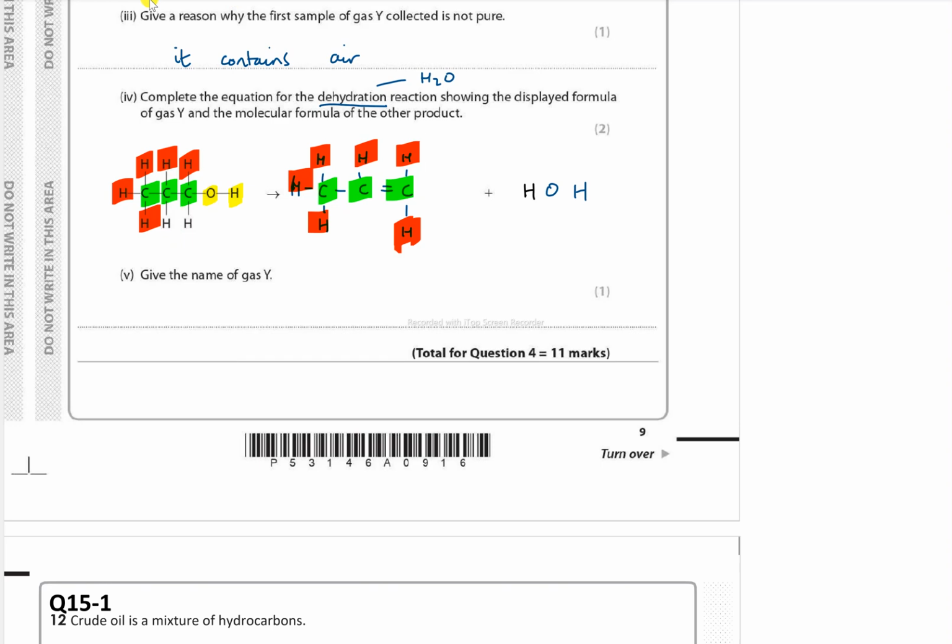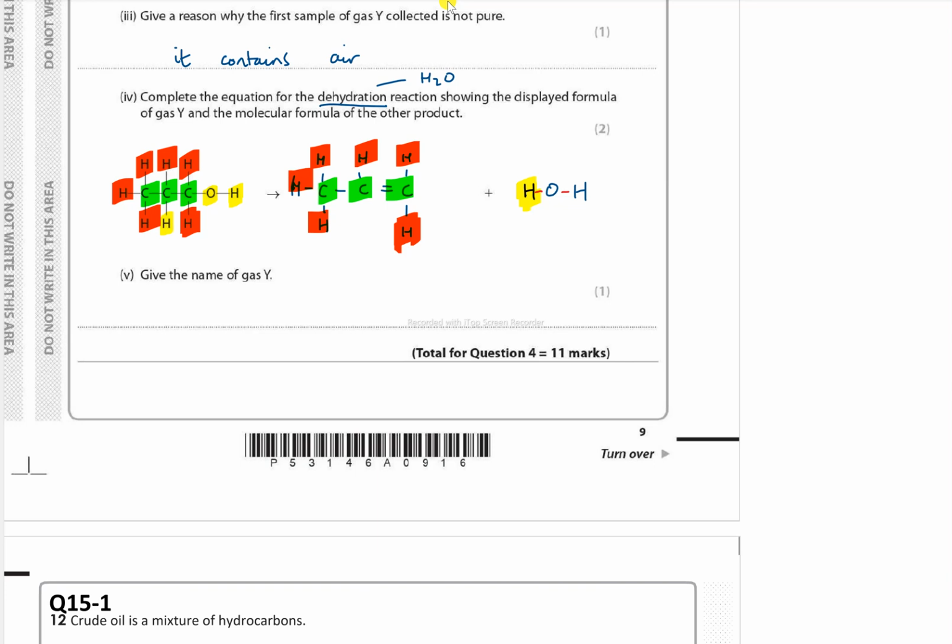Can I? Yes. We'd have to take that away with that, and then this one here will end up there. So we've got, and then we'll have to put H2O. That was quite painful.